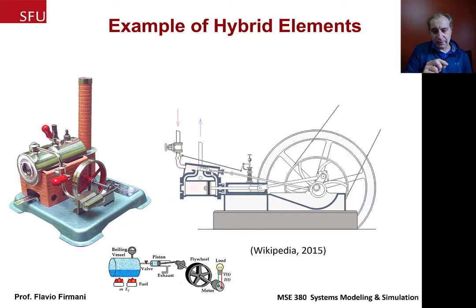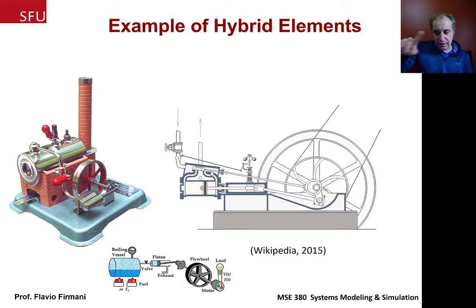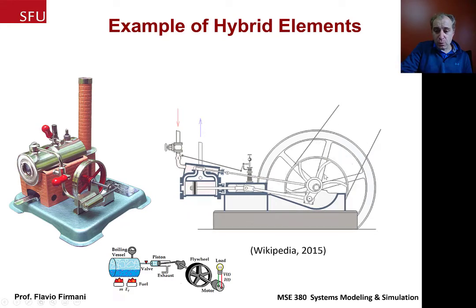Eventually the rotation of the flywheel can be connected to a belt or a chain that will take you to another pulley up here, where you can have a small DC motor, a generator that can be used to turn on a light bulb.